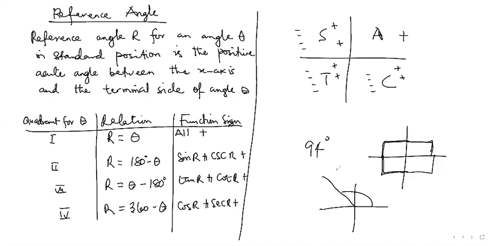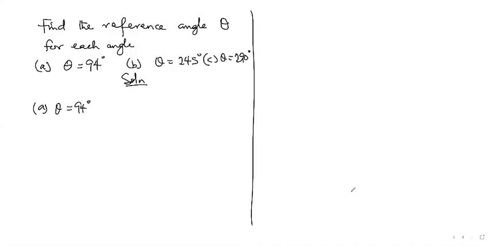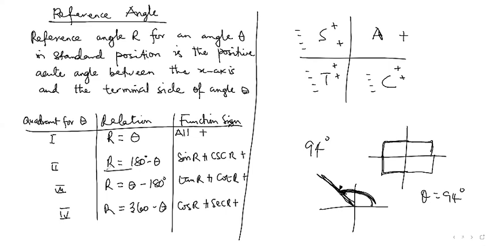And don't forget, we said that if the angle is positive, we move in a counterclockwise or anti-clockwise direction. That's why we're moving like this. This becomes the terminal side. Terminal means end. So wherever we reach, we end. So going back to it, 94, if you want to use the table, it means it falls here.